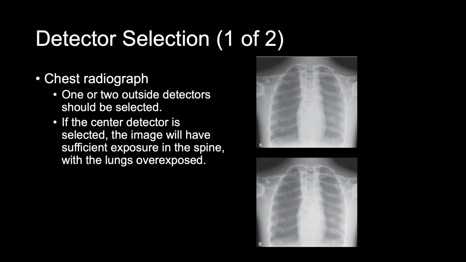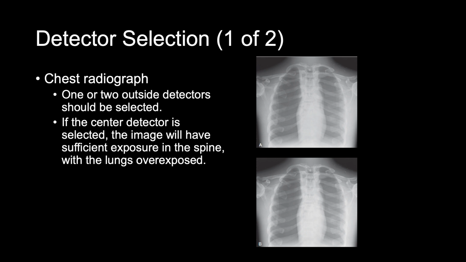In the case of a PA chest radiograph, the area of radiographic interest includes the lungs and the heart. Therefore, 1 or 2 outside detectors should be selected to place the detectors directly beneath the critical anatomic area. If the center detector is mistakenly selected, the anatomy superimposing this detector includes the T-spine.